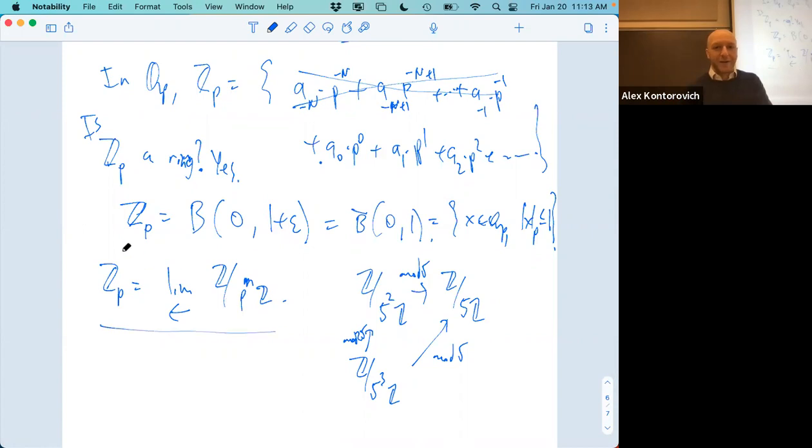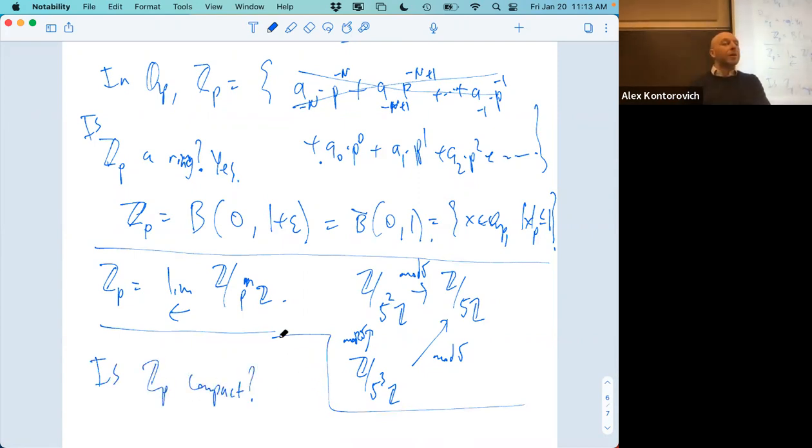Okay, so it's an inverse limit. So an element in Z_p is a list of elements, A0 plus A1 p, A0 plus A1 p plus A2 p squared, and so on.